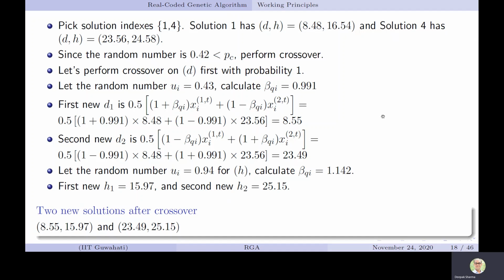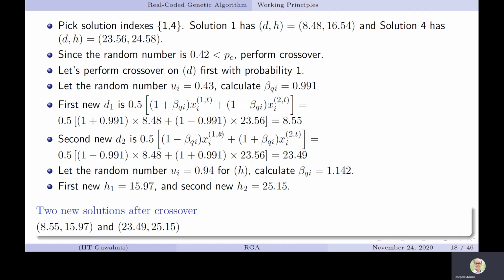Now the same procedure I have to follow. It is very straightforward: once we calculate ui, we find beta i, then we just put it into the formula. So we do the same thing for H. Let ui be 0.94 and the calculated beta i be 1.142.